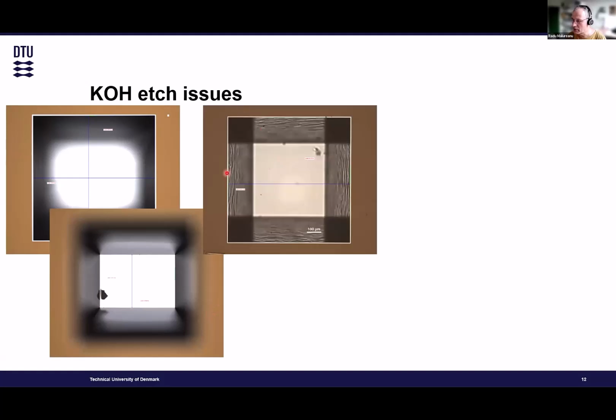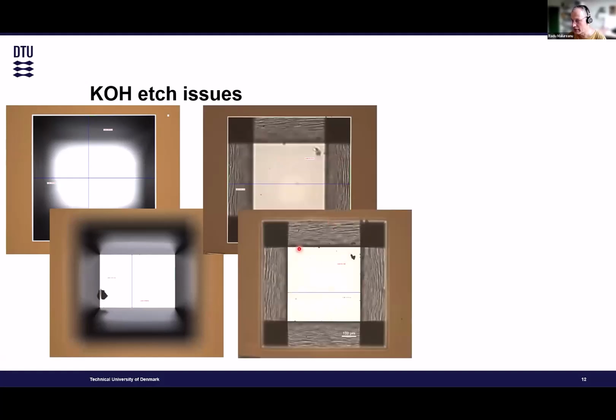As well, sometimes we have a nice square membrane and a nice square opening. So it didn't seem to have almost any relation between the opening and how the shape of the membrane ends up.